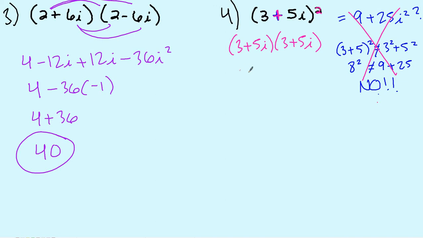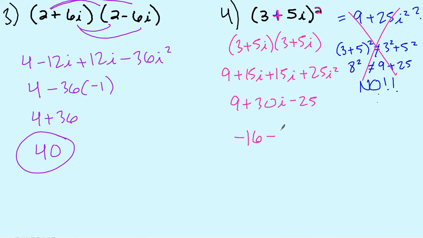It's not the same as that. So here we get 9 plus 15i plus 15i plus 25i squared. So we get 9 plus 30i, and this becomes -25. So we get -16 plus 30i.